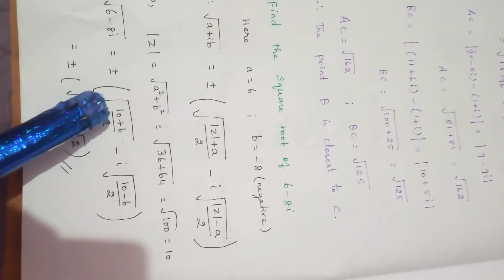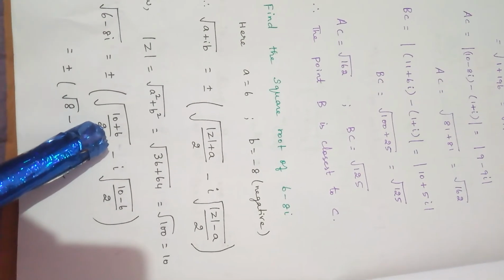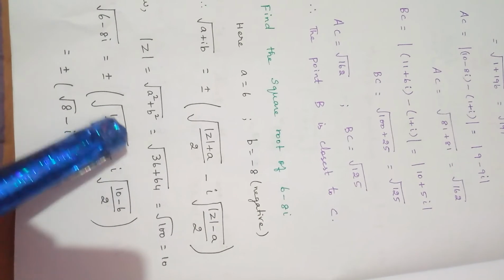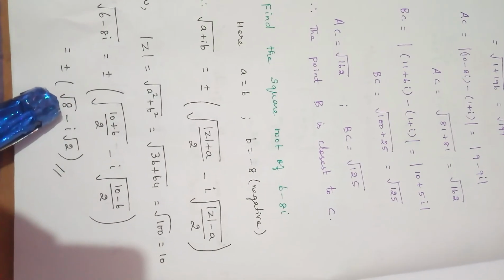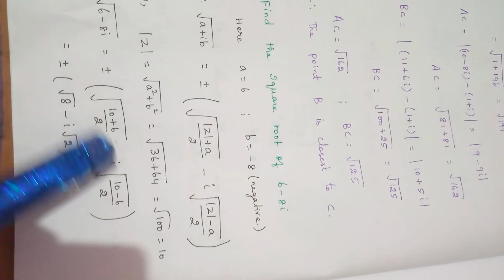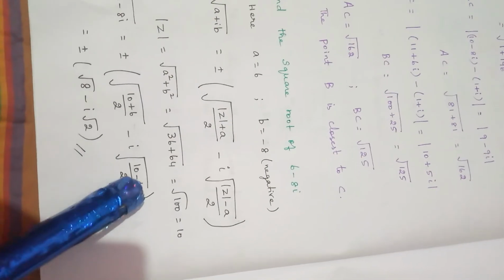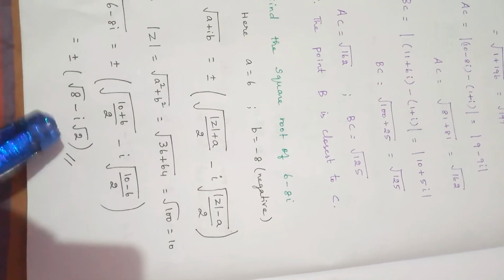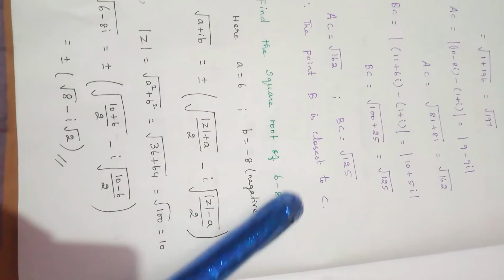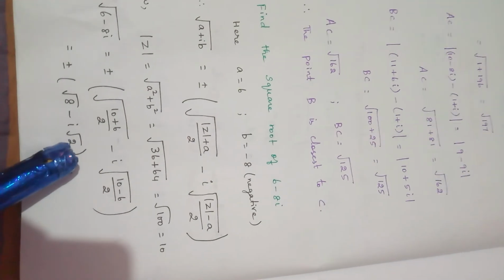So 10 plus 6 is 16, 16 by 2 is 8, but it will come inside the root. Inside root I should write 8. Root 8 minus i into, what is 10 minus 6? 4. Cancelling means 2. So root 2. So this is the final answer for finding square root of 6 minus 8i. The answer is plus or minus root 8 minus i root 2.